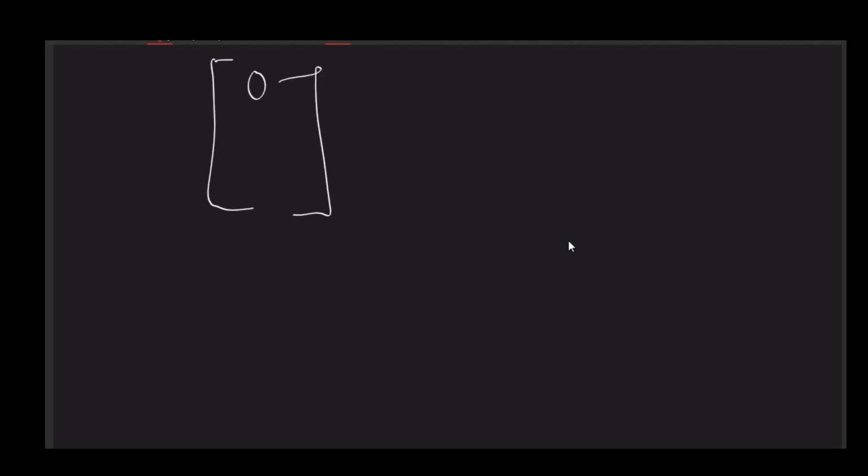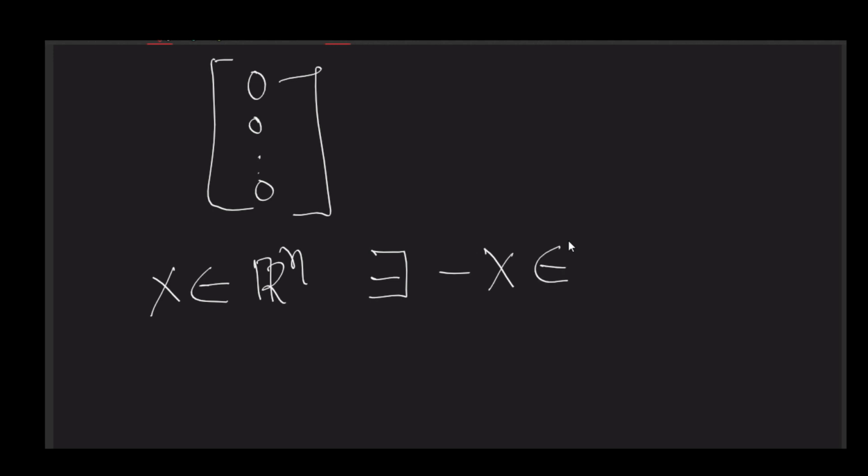It would be 0, 0, 0, n number of zeros, an n-tuple. And obviously for x belonging to Fn, or in our case V or Rn, you will always find there exists minus x belonging to Rn, right?